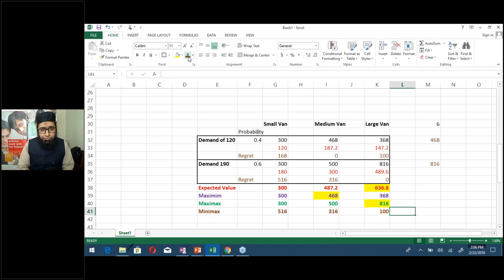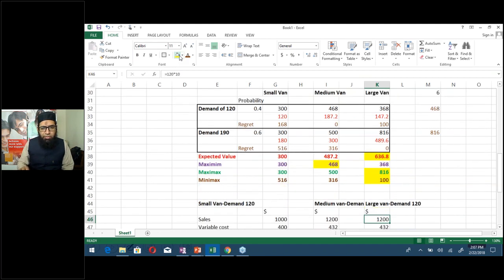Alright. Now among these, I will make a decision based on the minimum regret, and that will be 100. That means, as far as the minimax decision is concerned, we will be buying the large van. Okay?